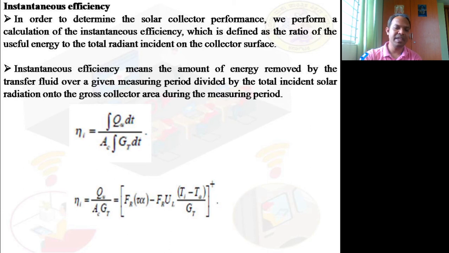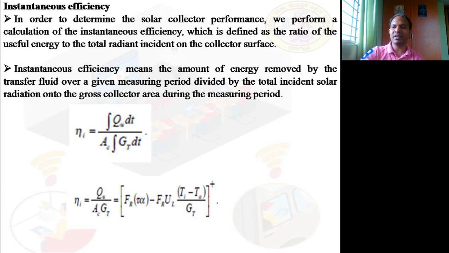It is given by eta I, which equals the integration of Qu, the useful work, with respect to dt. That means with respect to time we integrate it. Integration means we are adding up the total useful work with respect to time, divided by the gross collector area into Gt, the solar incident radiation.